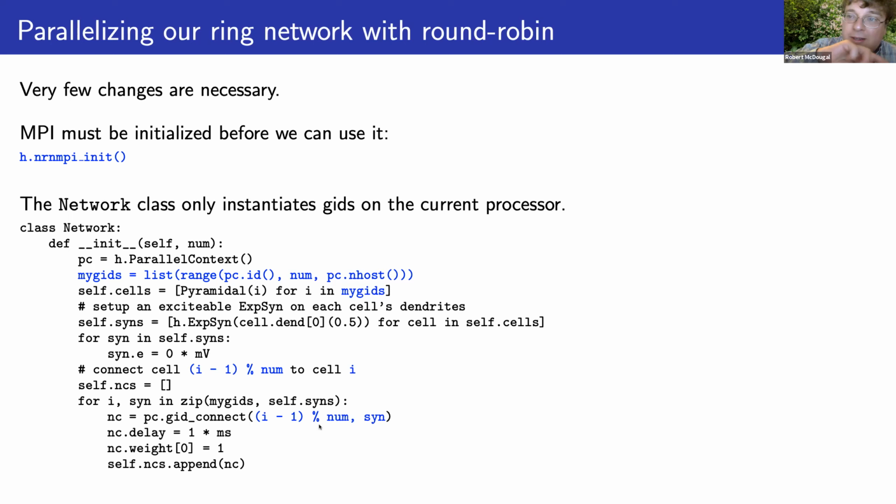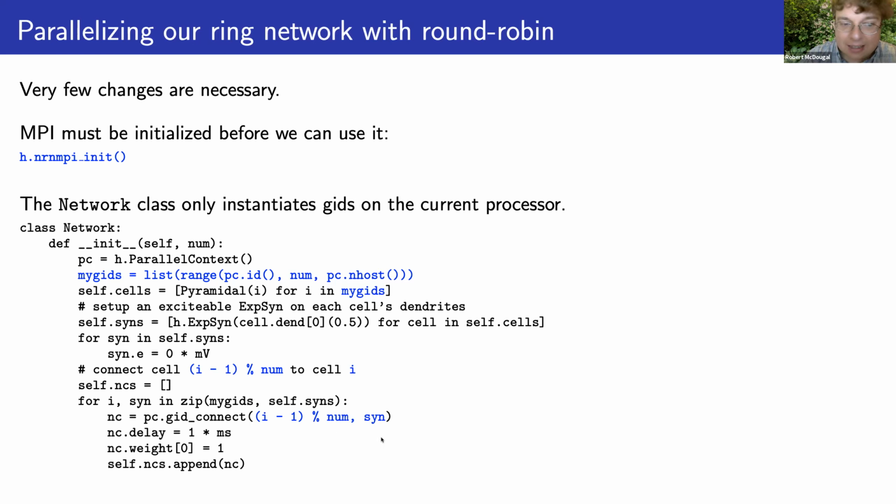The postsynaptic side is the one that needs to own the netcon, because the postsynaptic side is the one that's receiving a thing. It has a synapse for it to go to. And so now instead of I going to I plus 1, we really should think of it as I minus 1, wrapping around with the modulus operator.